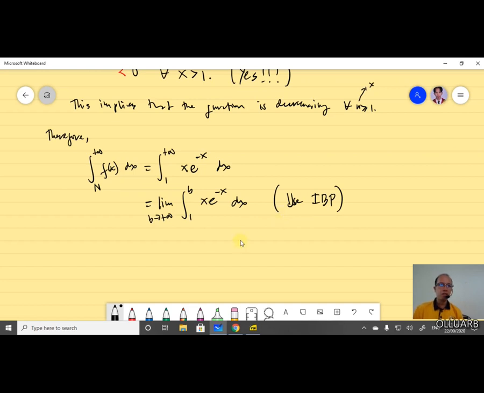Let u be x, and our dv is e to the negative x dx. So du is dx, and v is the integral of e to negative x dx.